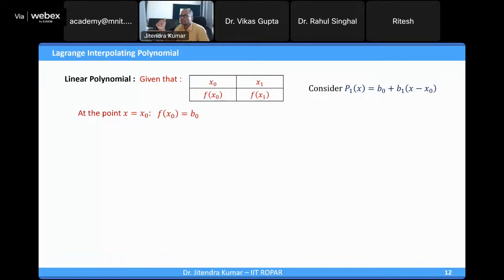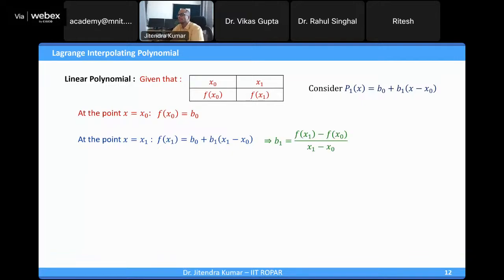So when you substitute this, f(x0) should be equal to b0, because x equal to x0 will make that term 0. In this case, you already got b0 as f(x0). Then at x equal to x1, you again substitute this, and you will get b1, because b0 is already calculated as f(x0).